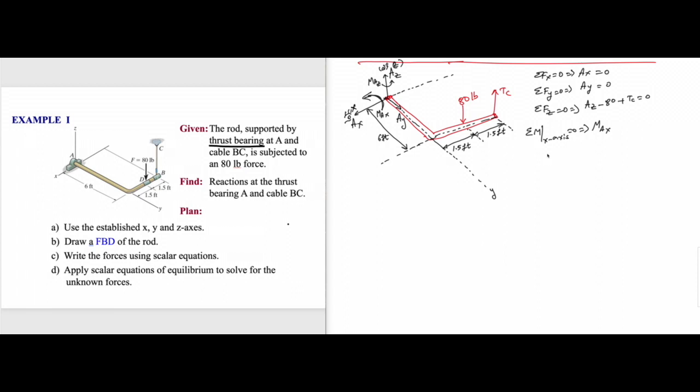What about AZ? Same story for AZ. AZ is passing through x-axis, so it has no distance from x-axis. If AZ was here, for example, what is the distance between x-axis and AZ?